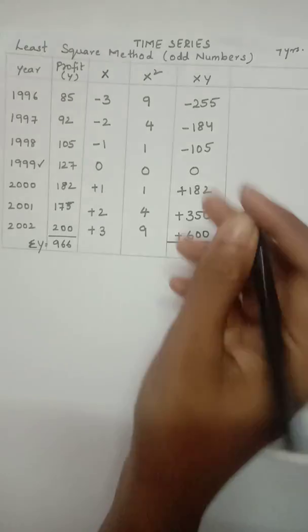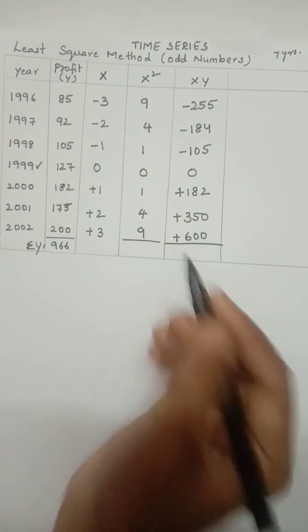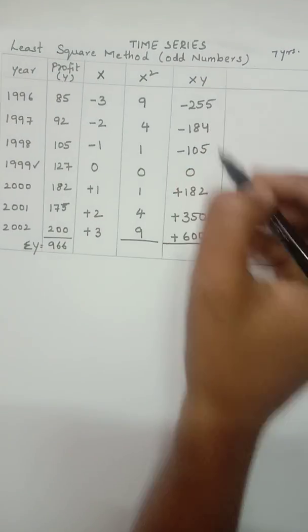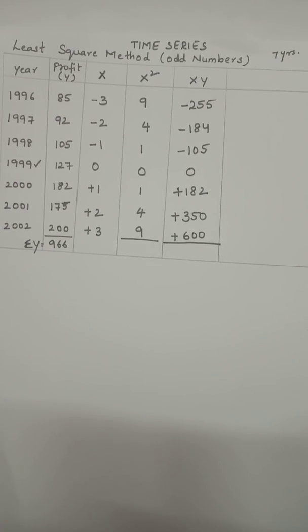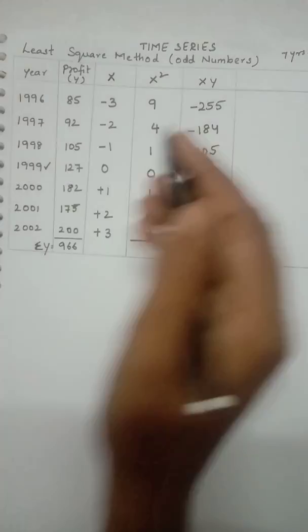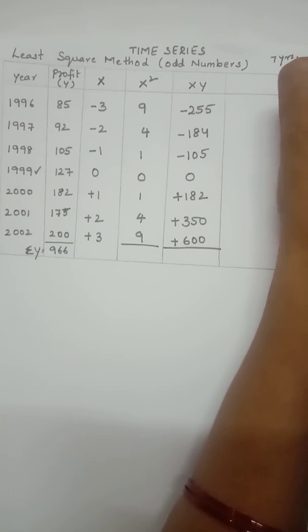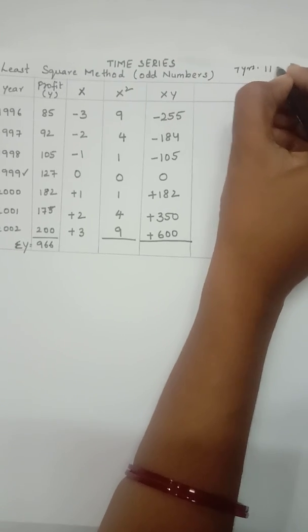Here we need to make the summation of this column also. First I'll add the positive values: 600 plus 350 plus 182, which is 1132.